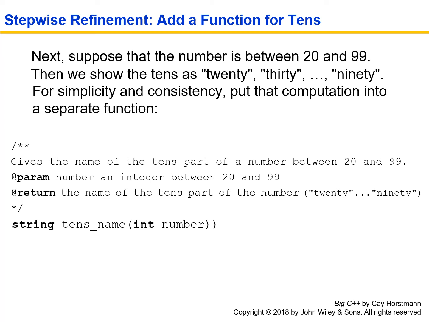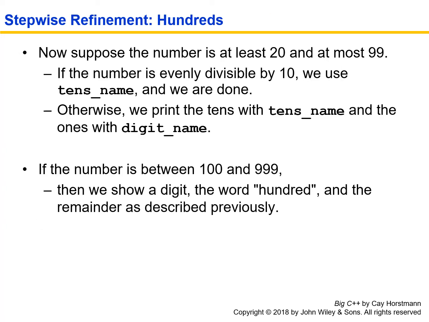For other values between 20 and 99, we're going to have a tens name. So if the number is 23, we're going to return 20 and then figure that the program can look up the number 3 to fill that out.